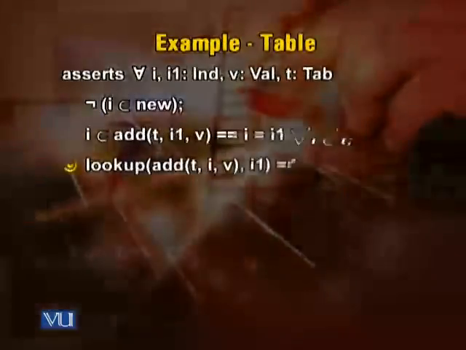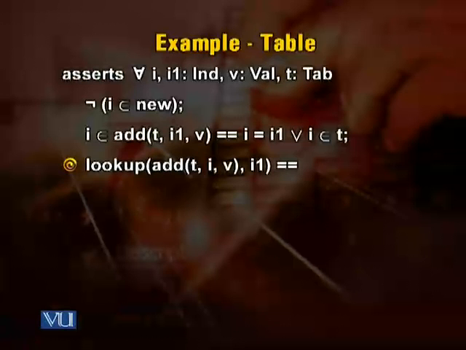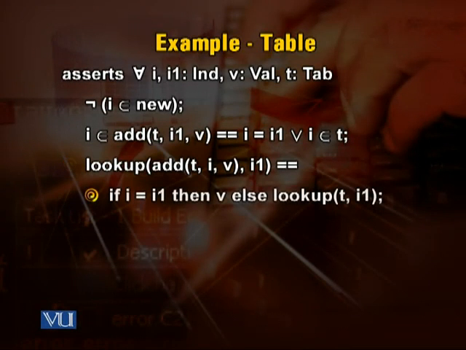Let us go back and look at the other axiom for lookup. Lookup says, lookup add T, I, V, I1 is equal to, if I is equal to I1, then V, else lookup T, I1.